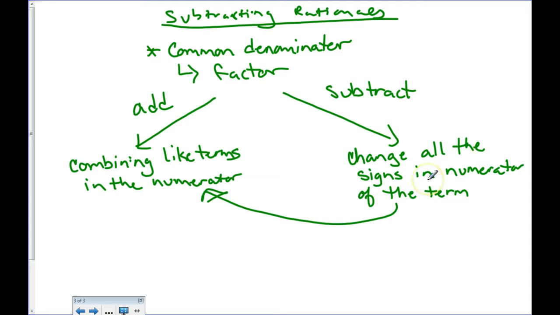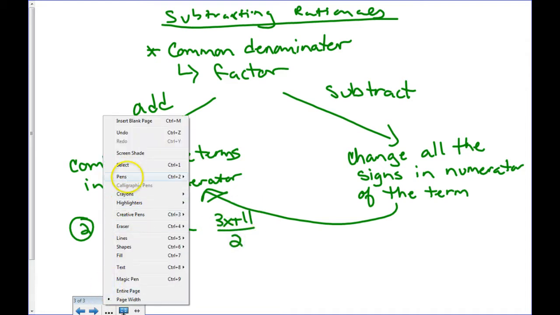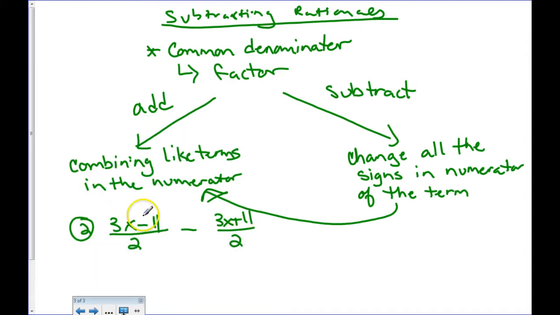So a really easy example of this is number 2 on your sheet. It looks like this. You have 3x minus 11 over 2 minus 3x plus 11 over 2. On this one, we have a minus sign right here.